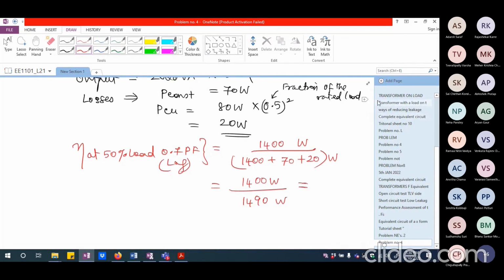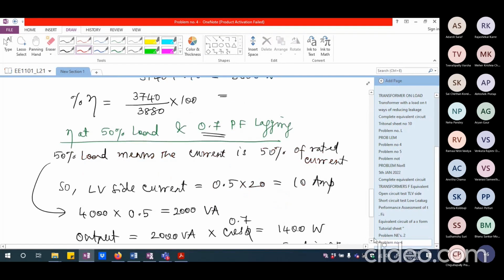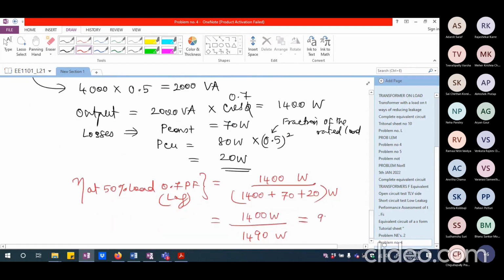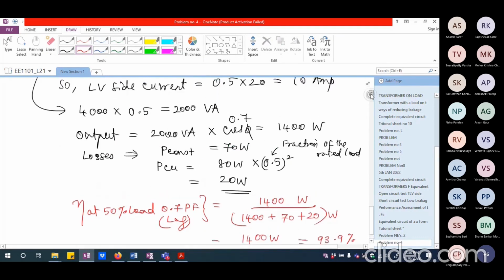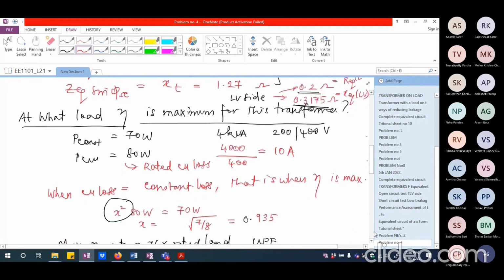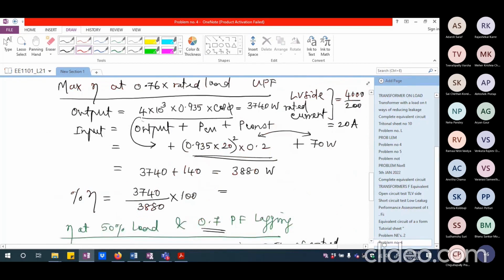How much is this? 93.9%. Whereas how much was the maximum efficiency? 3740 divided by 3880. It must have been greater, obviously, otherwise it cannot be maximum efficiency. It is 96.39.